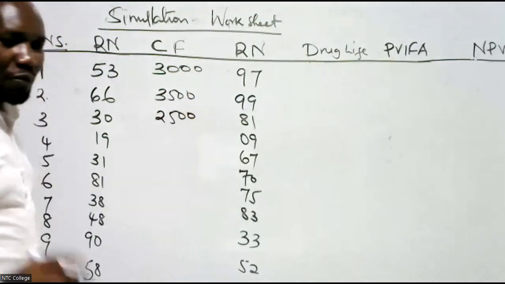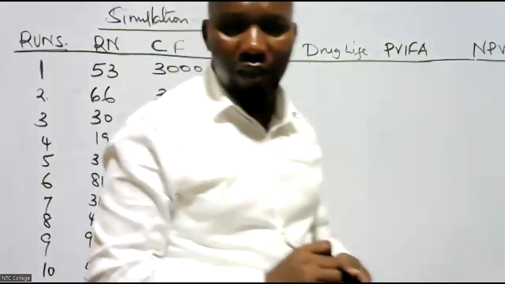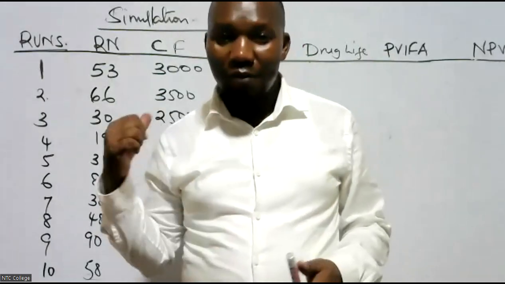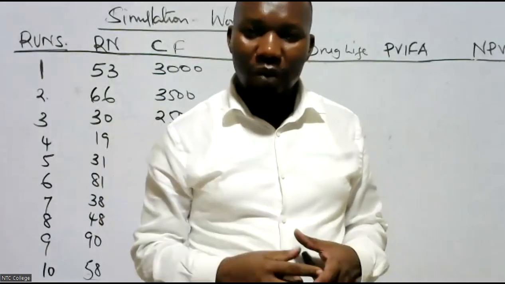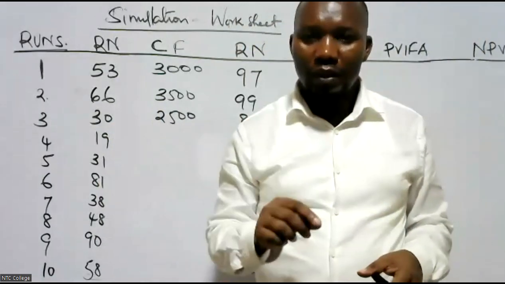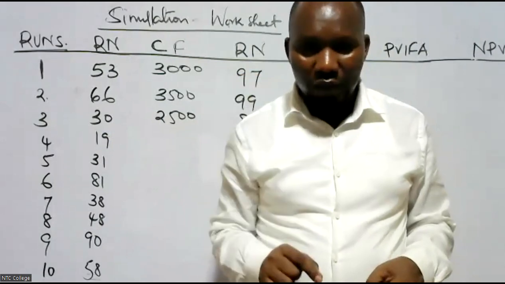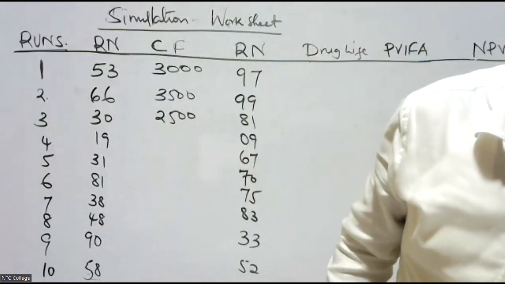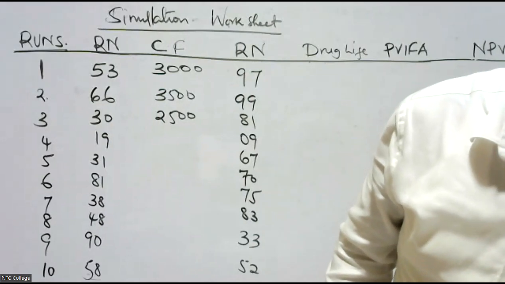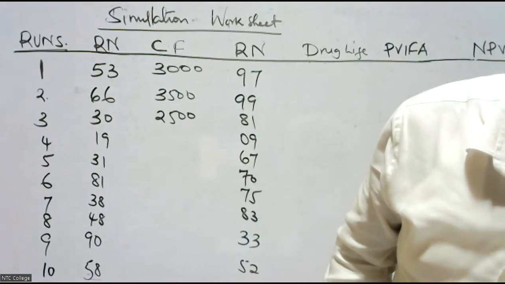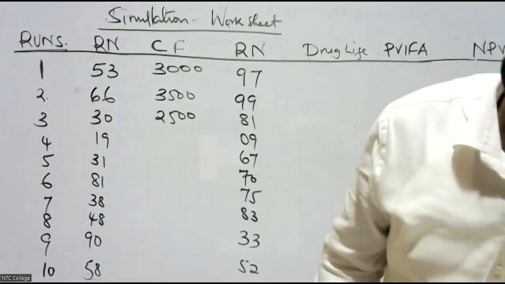Are we all together or has somebody dropped off? Let's take a break. First, I ask. Welcome, Dennis. This one is advanced level financial management. We are in topic number 1, subtopic number 1, but lesson 2. That is the probability, the simulation. Now, I'm asking, are we all together here?